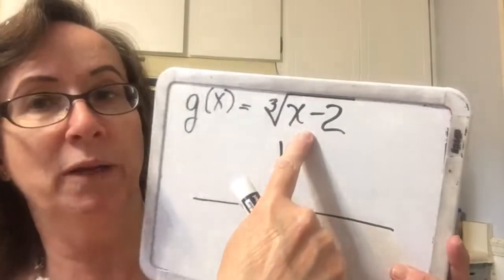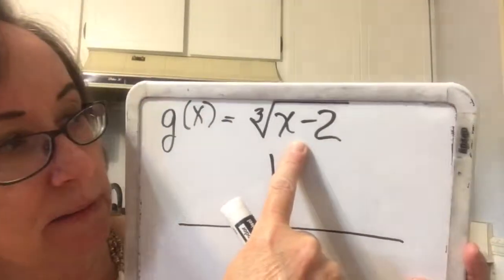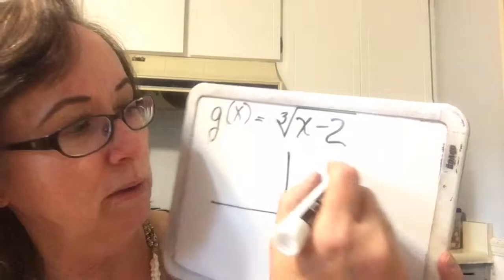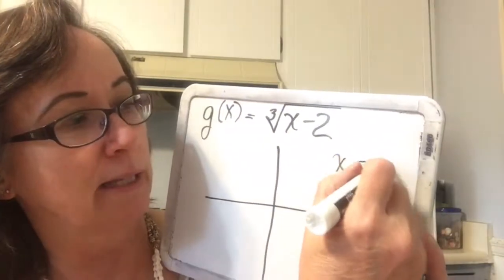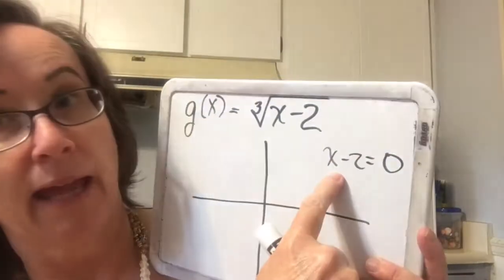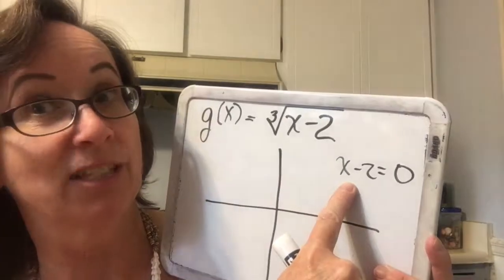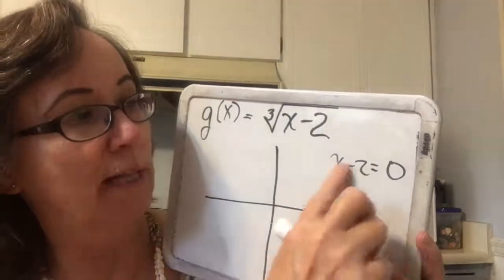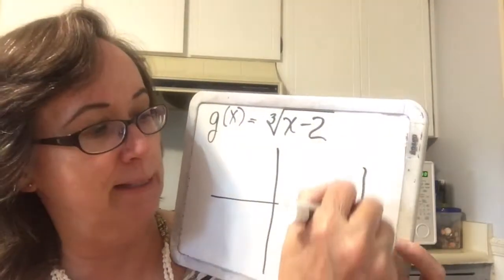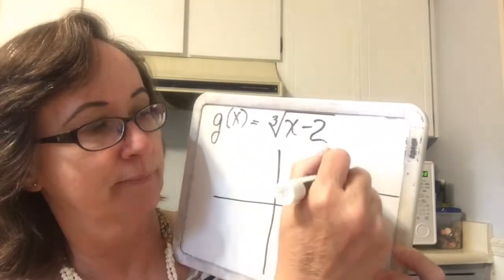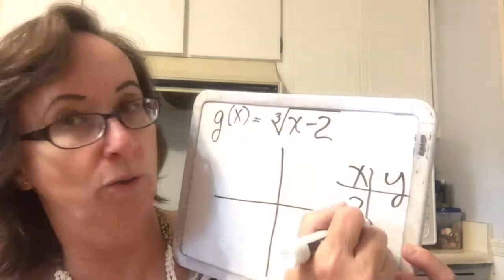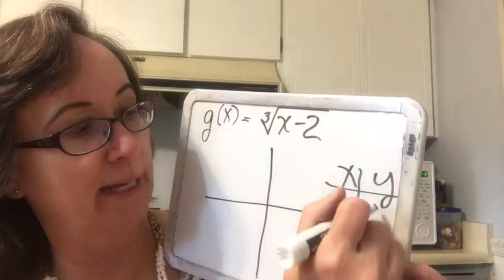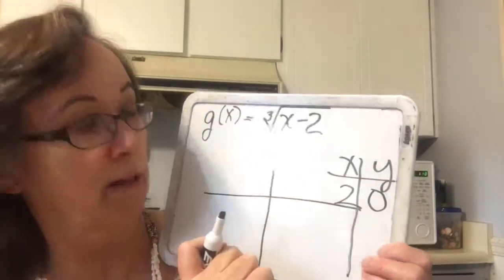And what would make that go to 0? x minus 2 equals 0. Add 2 to both sides, and I get x is 2. So let's plug in our points. 2, and when I plug in a 2, I get out the cubic root of 0.